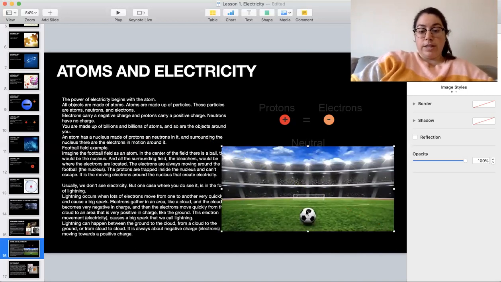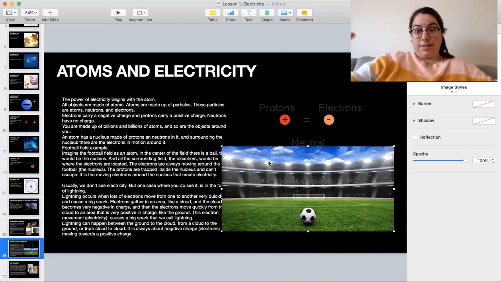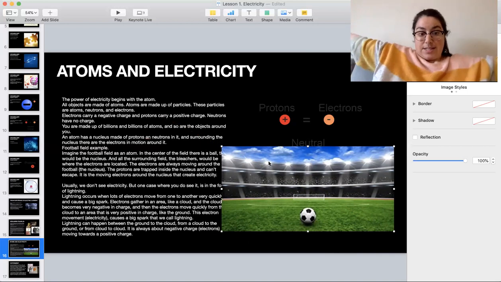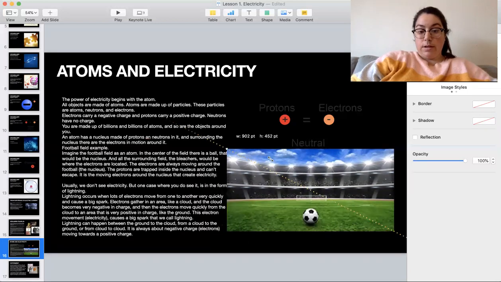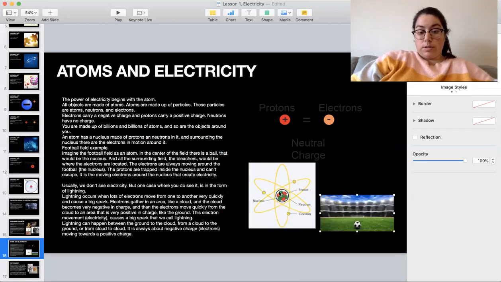The ball in the middle would be the nucleus, and all the field and all the bleachers, the stairs, would be the electrons. Can you see the distance? It's like surrounding all of it, okay? And the electrons are always moving, but the nucleus that has the protons and the neutrons is not moving. Only the electrons move around, okay?